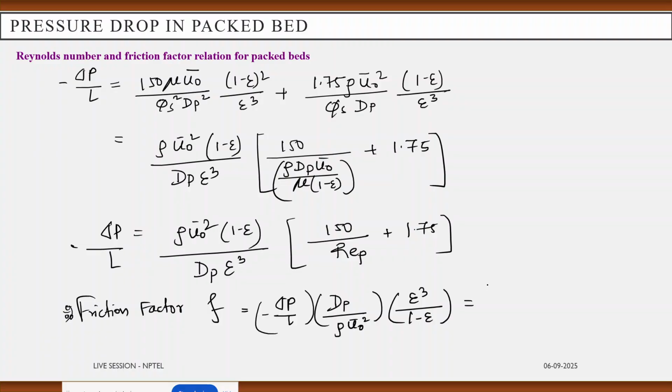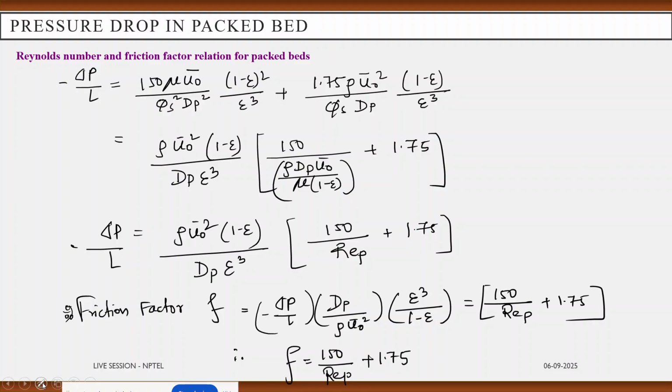So ultimately our equation becomes the non-dimensional equation of the Ergun equation, denoted as this friction factor.